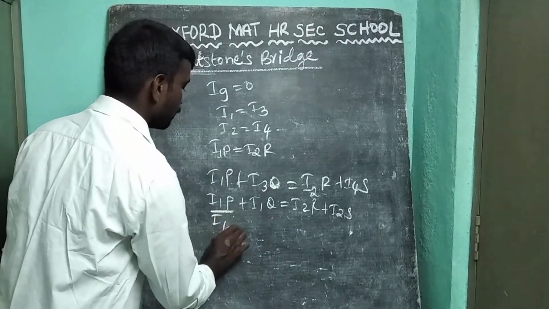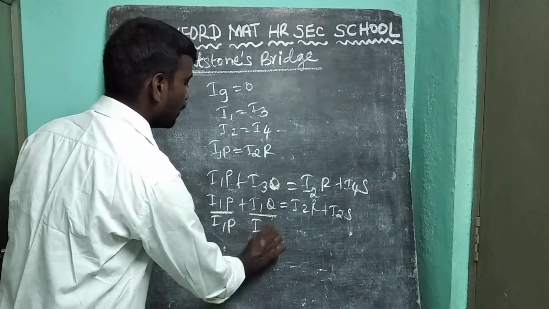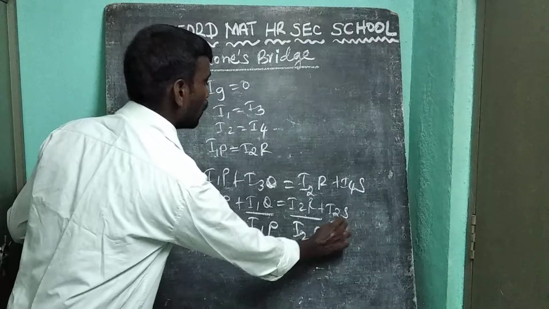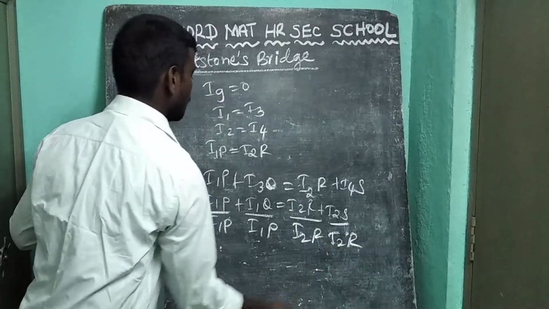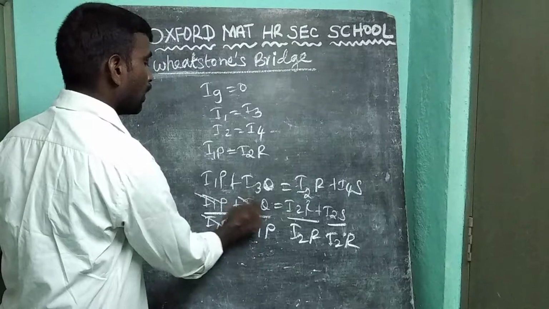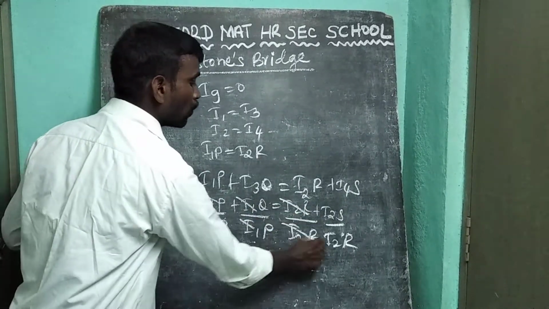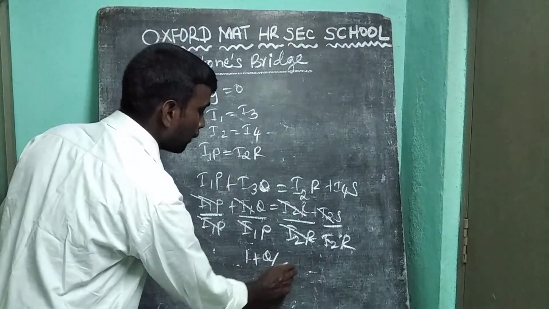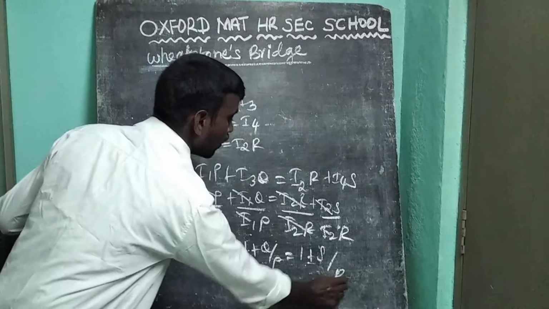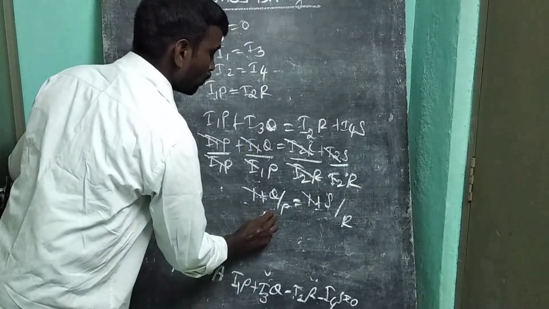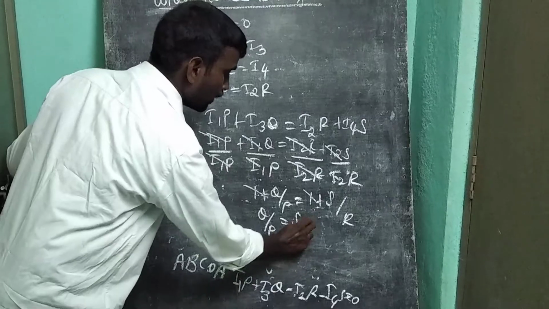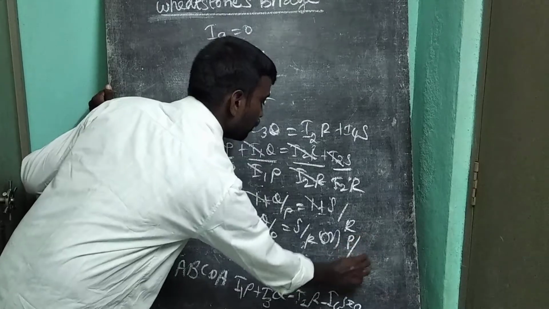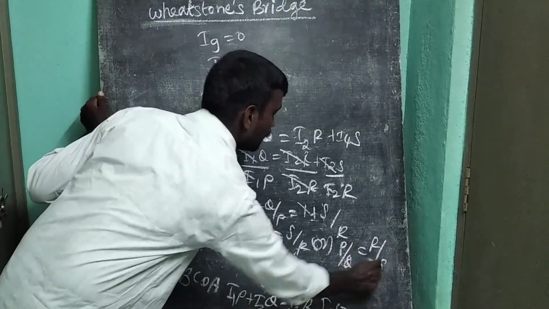Here I1P cancels, I1 cancels, I2R cancels, I2 cancels. So finally 1 plus Q by P is equal to 1 plus S by R. The 1 cancels, so Q by P is equal to S by R. That is, P by Q is equal to R by S.